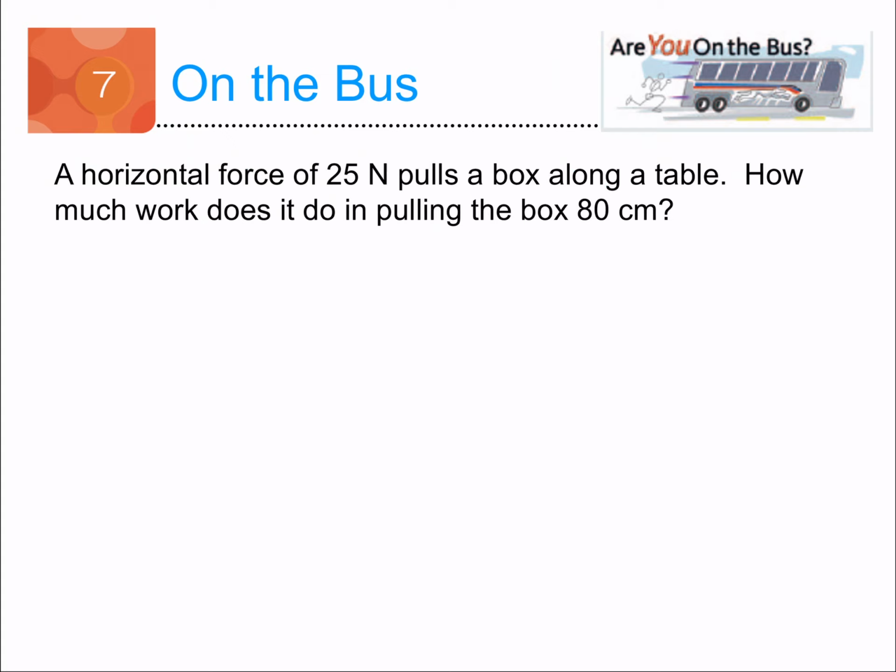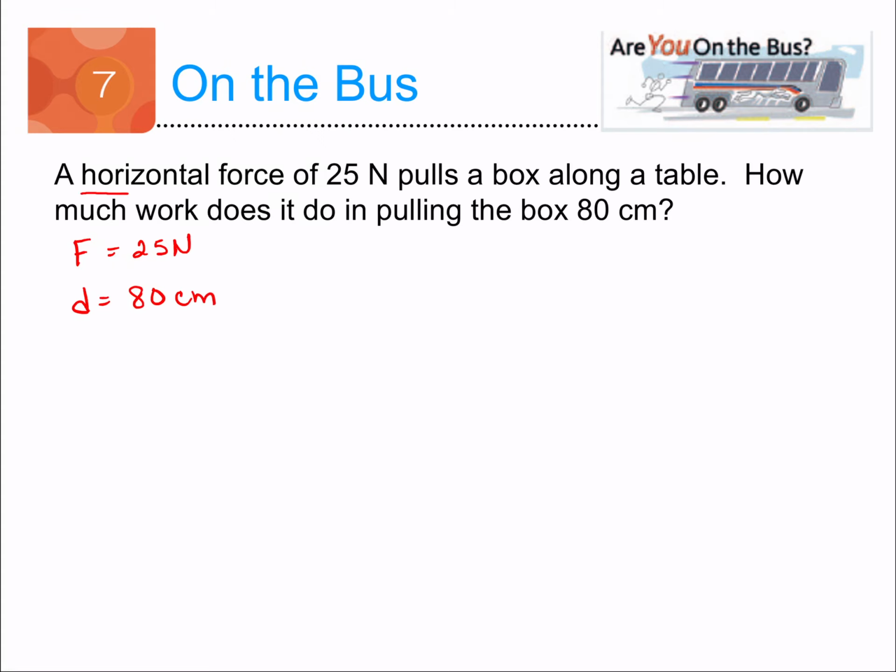So a horizontal force of 25 newtons, so we have our force is 25 newtons, pulls a box along a table. How much work does it do in pulling the box 80 centimeters? So our distance is 80 centimeters. Now you have to think, what formula should we use?